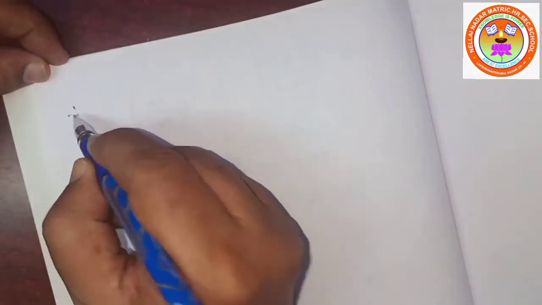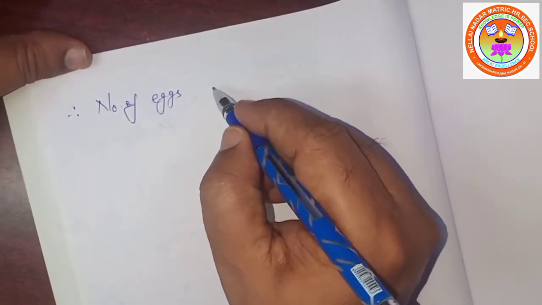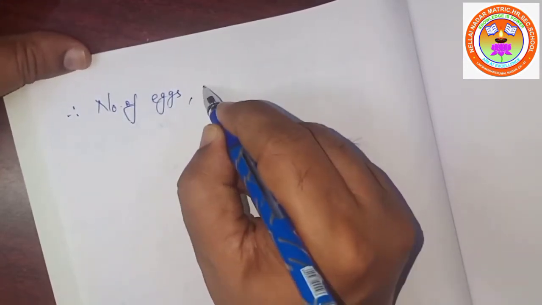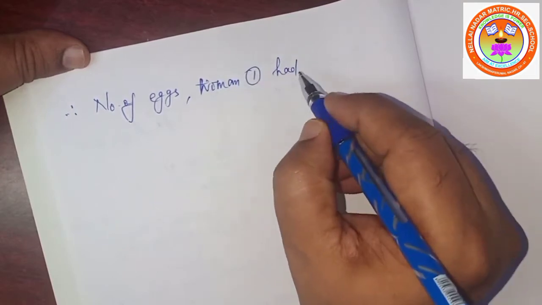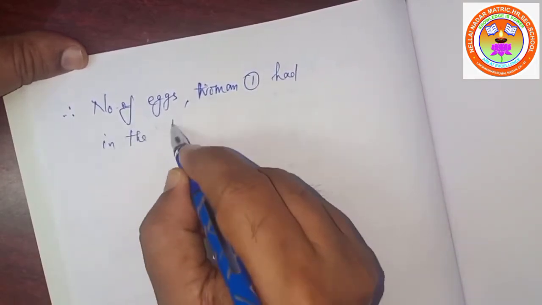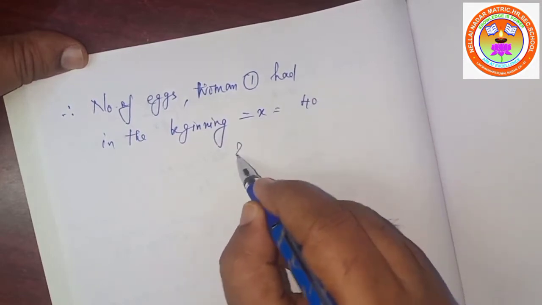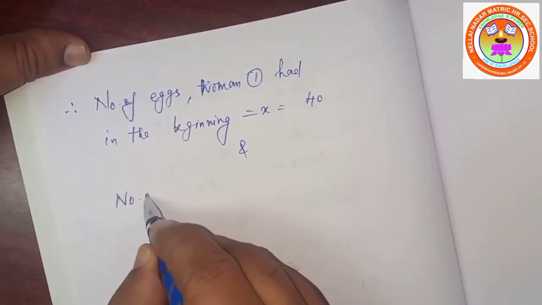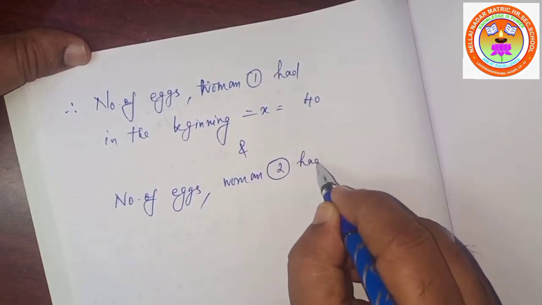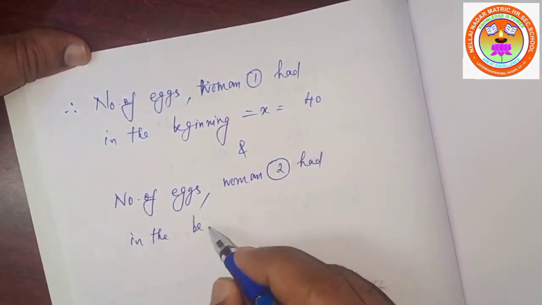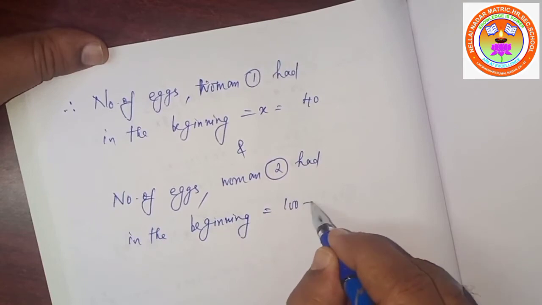Therefore, the number of eggs woman 1 had in the beginning is equal to x, that is equal to 40, and the number of eggs woman 2 had in the beginning equals 100 minus x.